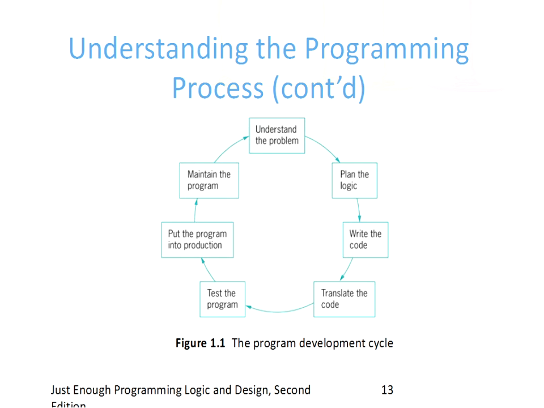Now, translating the code is basically compiling it. That's going to be a button click. It's very easy these days if we use the proper IDE. And when we compile, we translate the code, and we're going to find syntax errors. If we mistype something, it's going to find it.